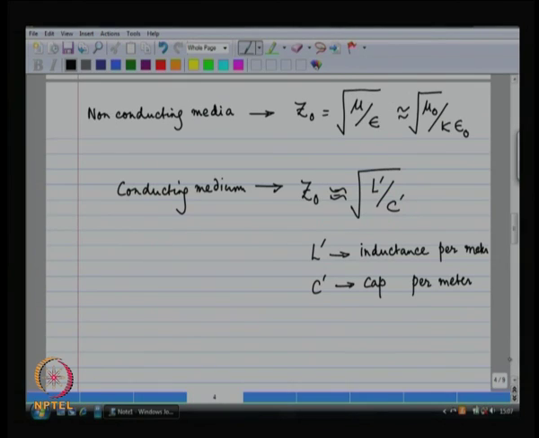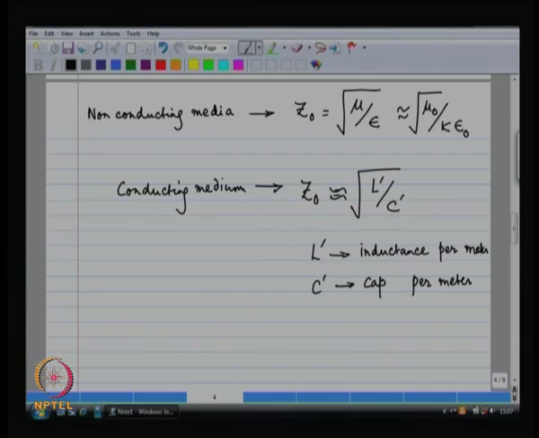Okay. Then, when we talk about the atmosphere as a transmission medium, Z0 happens to be equal to the square root of mu by epsilon. If you have a conducting medium such as a wire, then Z0 happens to be equal to the square root of L prime by C prime. L prime is defined as the inductance per unit length, and C prime is the capacitance per unit length.